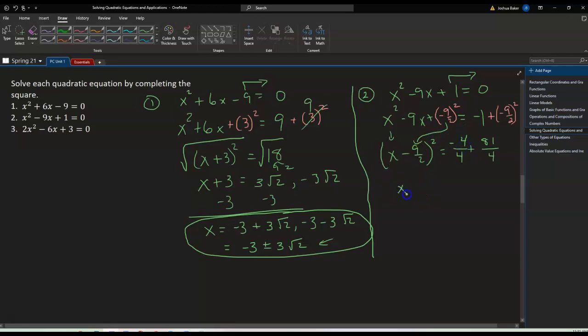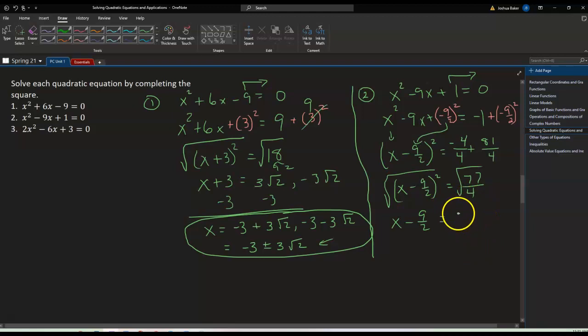And so now the last step before we take the square root of both sides, negative 4 plus 81 is going to be 77 over 4. Now if I take the square root of both sides, on the left, I'm going to get the stuff inside the parentheses, the x minus the 9 halves.